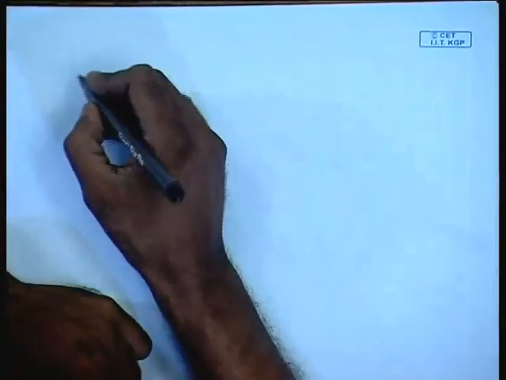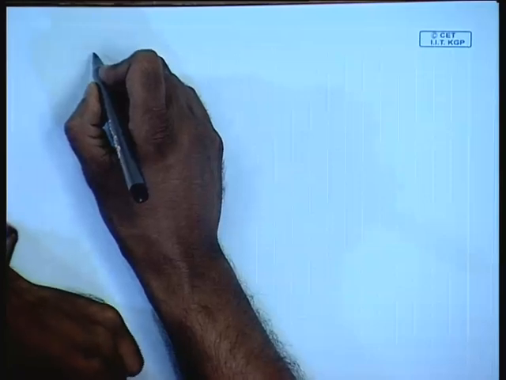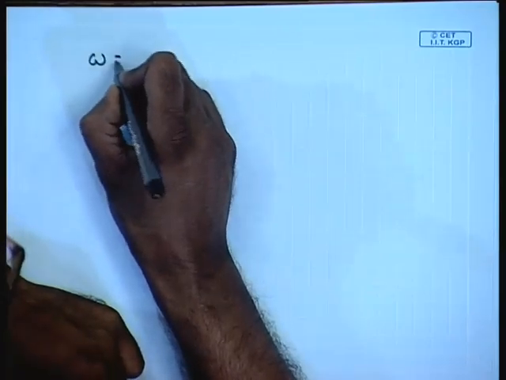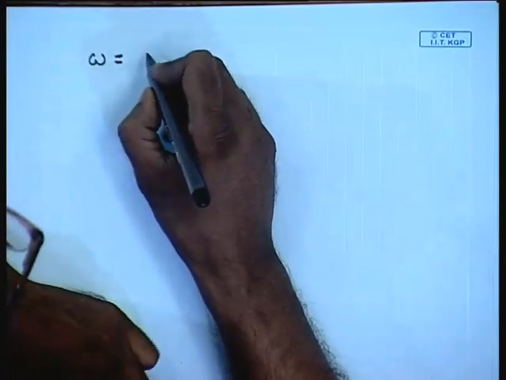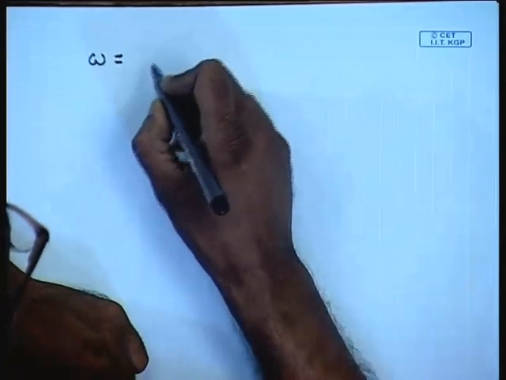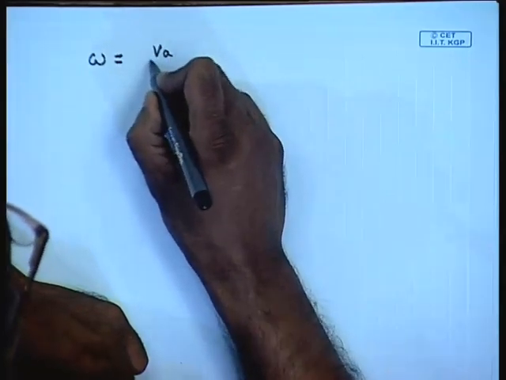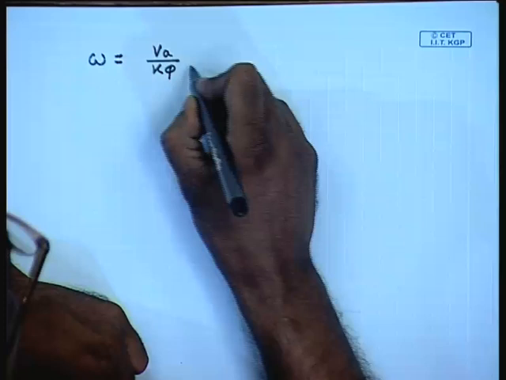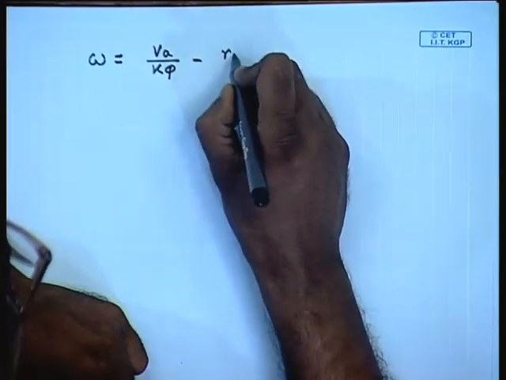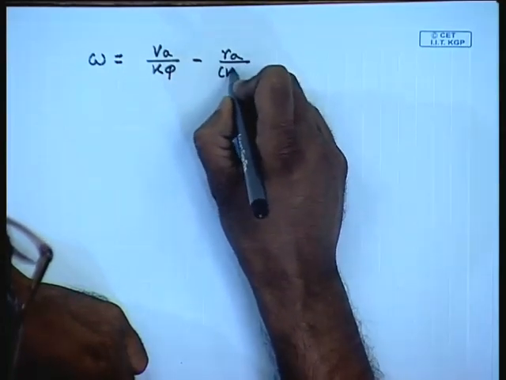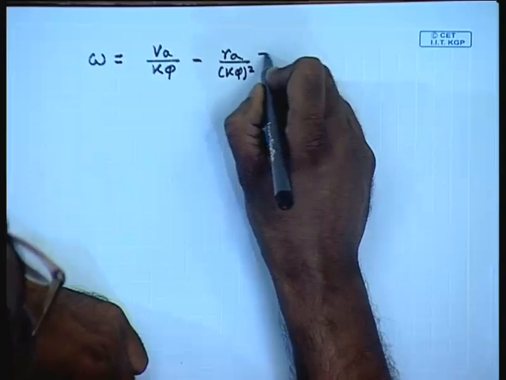So, what will be the torque speed characteristics of a DC motor driven by such a chopper? We know that the torque speed characteristics of a DC machine is given by omega equal to Va by K phi minus Ra by K phi square Te.